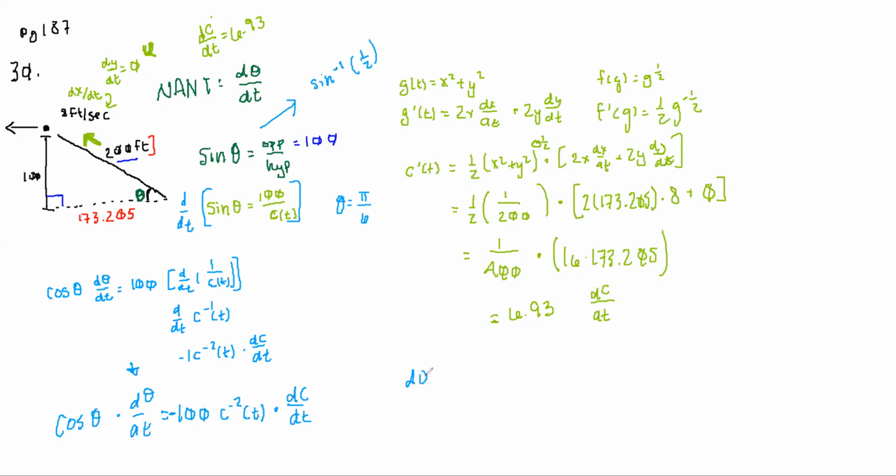So d theta/dt is equal to negative 100 times 1 over c, which is 200 squared. This is going to be very large. 40,000 times 6.93. And then all of this is going to be divided by cos pi over 6.